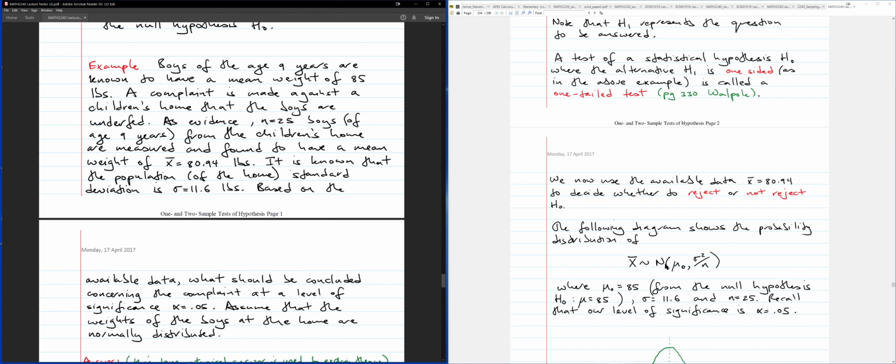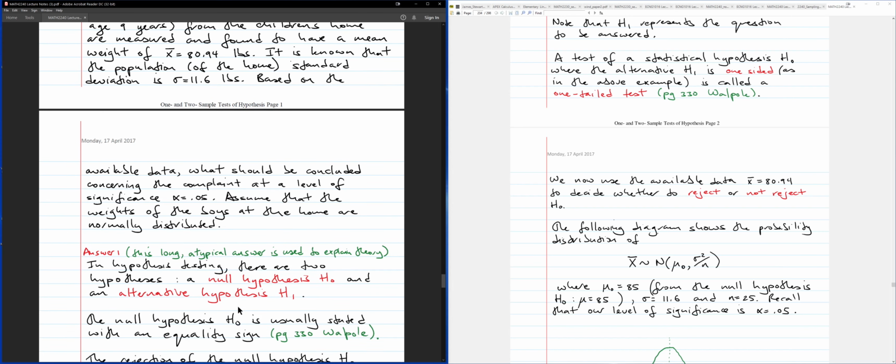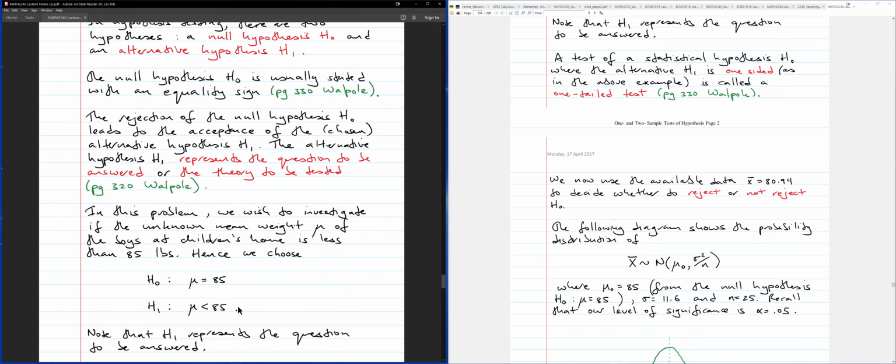So what's the mu 0 here? In this problem, you're testing this null hypothesis, mu equal to 85, against the alternative, so you're deciding which one of these is true. The point about the null hypothesis mu equal to 85 is that you're deciding whether to reject or not reject it. So the problem hinges on using this value, and you're going to use that mu is equal to 85.